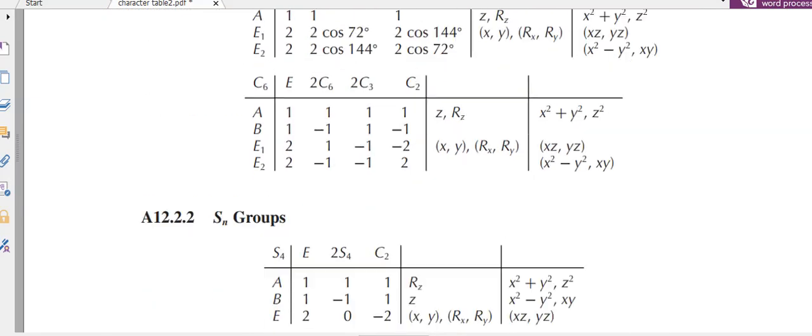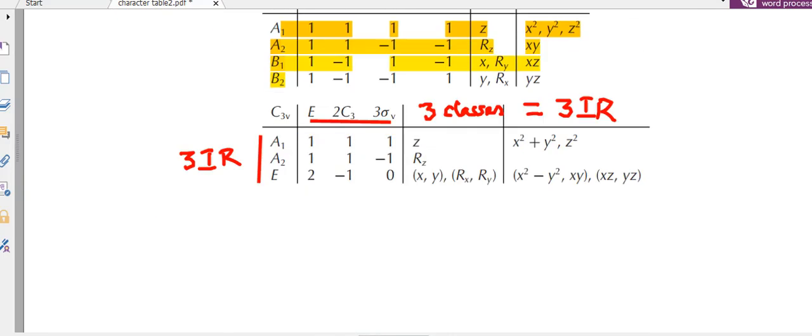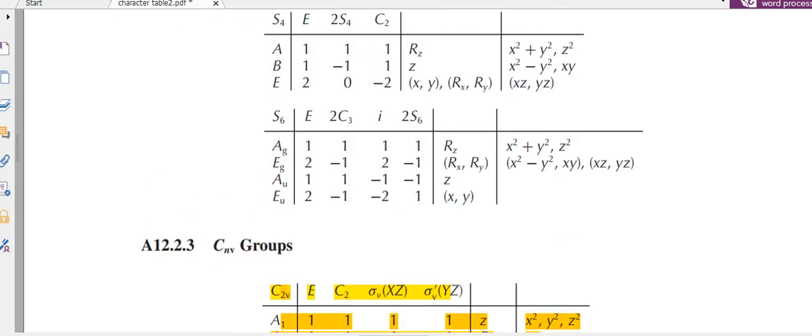Next we will take the example of some other point group also, say S6. Here you find 4 classes. E is one class, C3 is one class, I is one class, and S6 is one class. The number of operations in E is 1, that is gP.